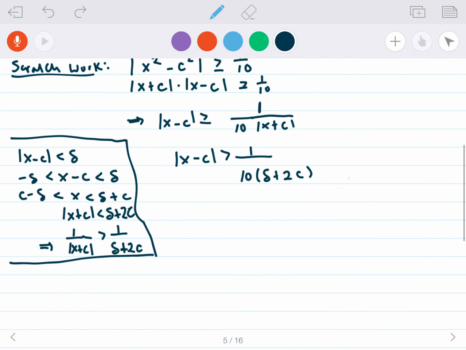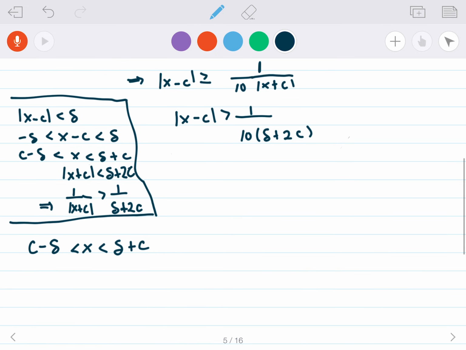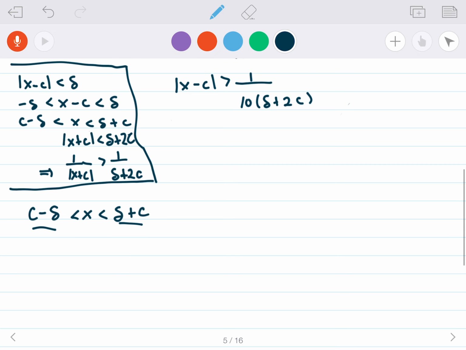Well, I know that x is between c minus delta and c plus delta. And so certainly if x is here, then x is also, well, let's draw it out actually. So here is the neighborhood centered at c, and here is my c minus delta, and here's my c plus delta.